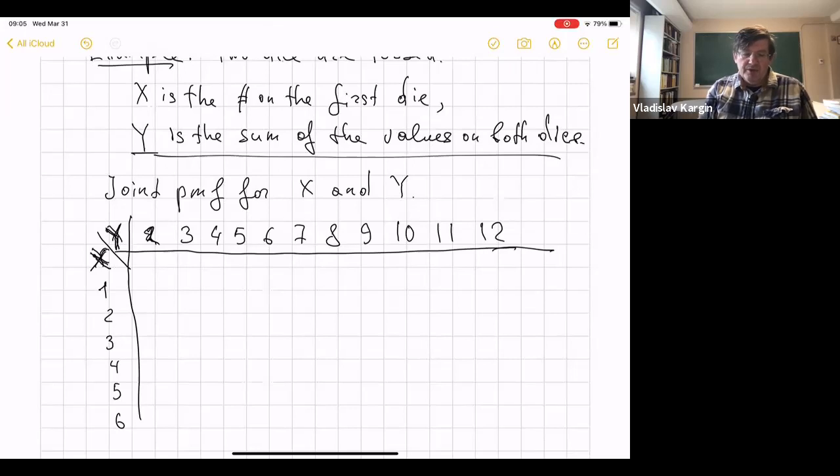This is the only possible outcome, which is 1 and 1. So the probability that x equals 1 and y equals 2 is 1 divided by 36, where 36 is the total number of outcomes.